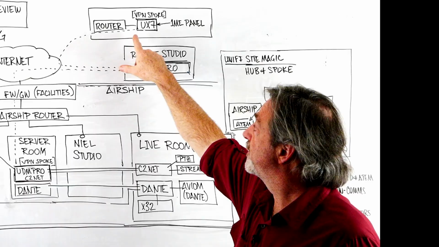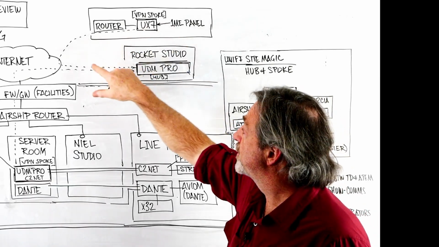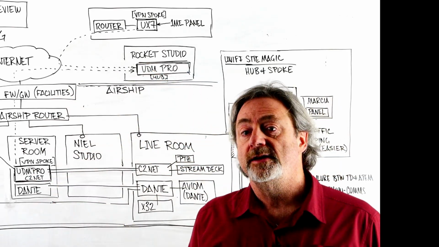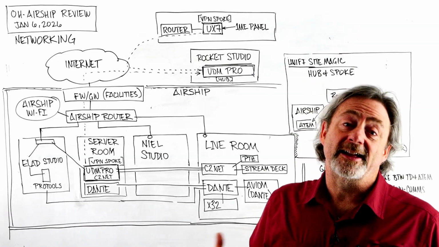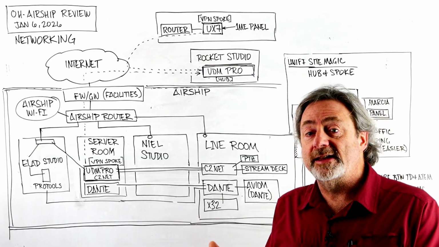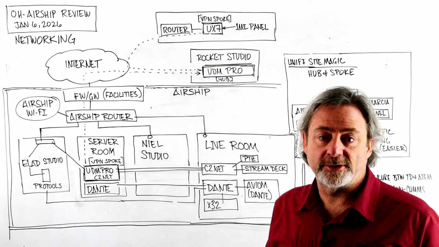Now, any traffic that flows from like the 1ME panel connected into here goes through my studio and gets routed out to the Airship network. That's not ideal. It's a single point of failure. It adds complexity. The thing is, it worked. And it worked just fine this time, but it's not a long-term thing.